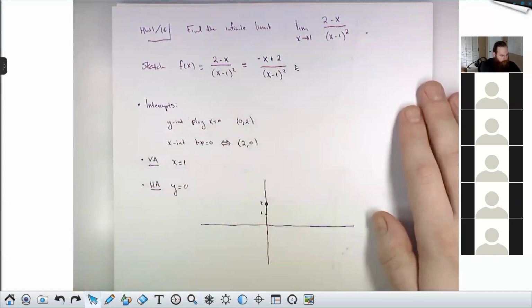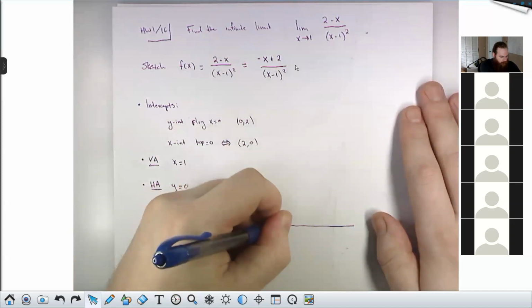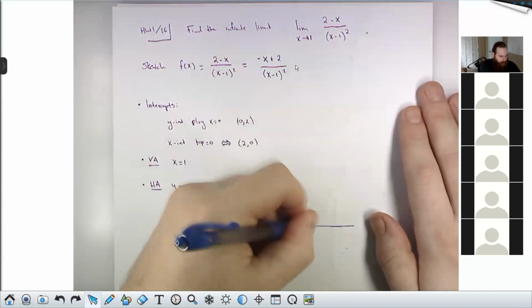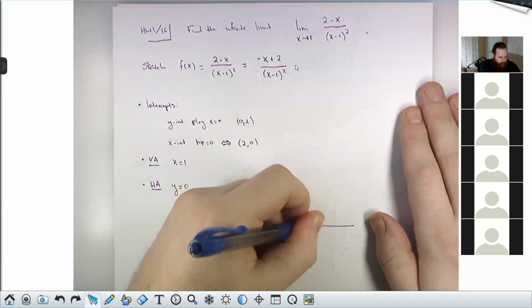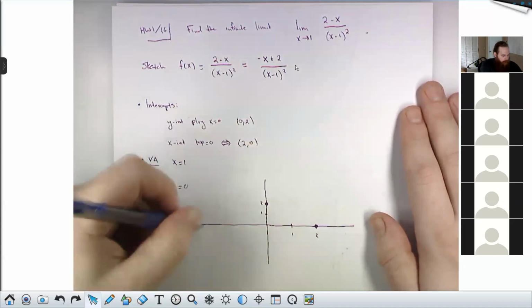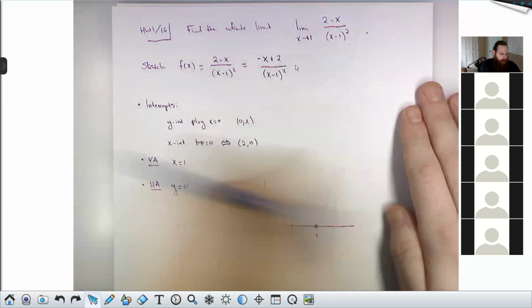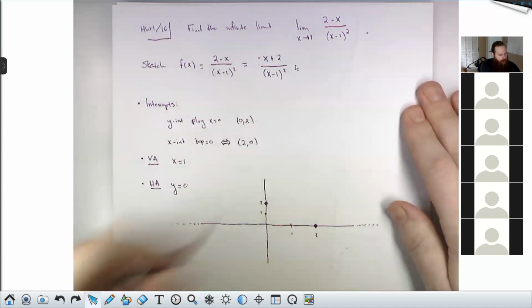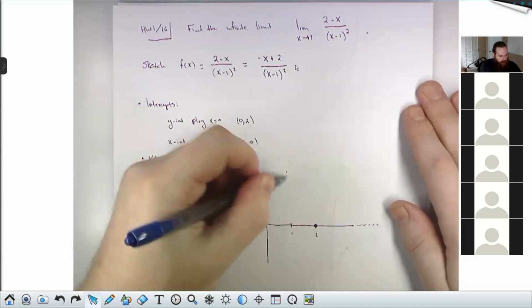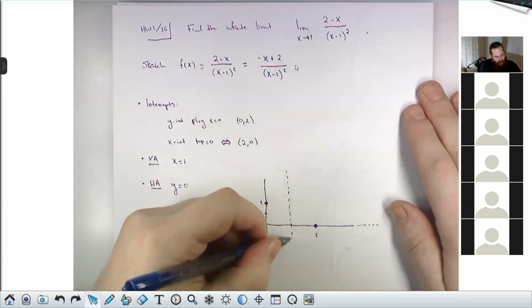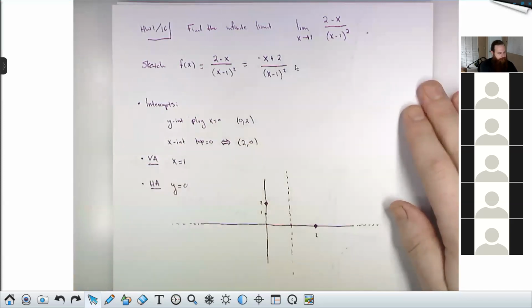I know I go through 2, comma 0. Make this nice and big. I know that my HA is the horizontal line y equals 0. I know I've got a VA here. And that's about all I know, right?